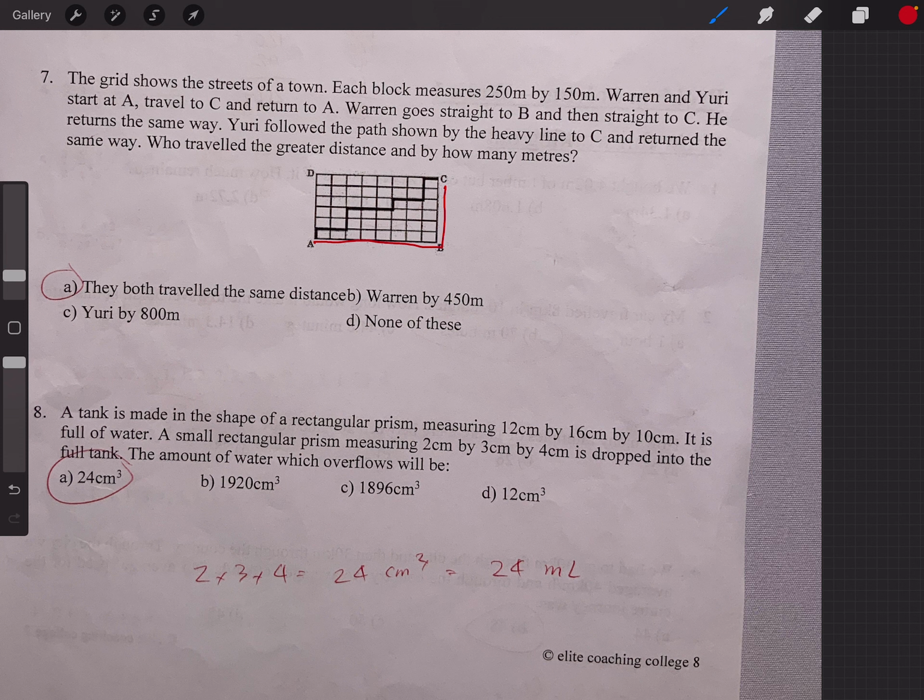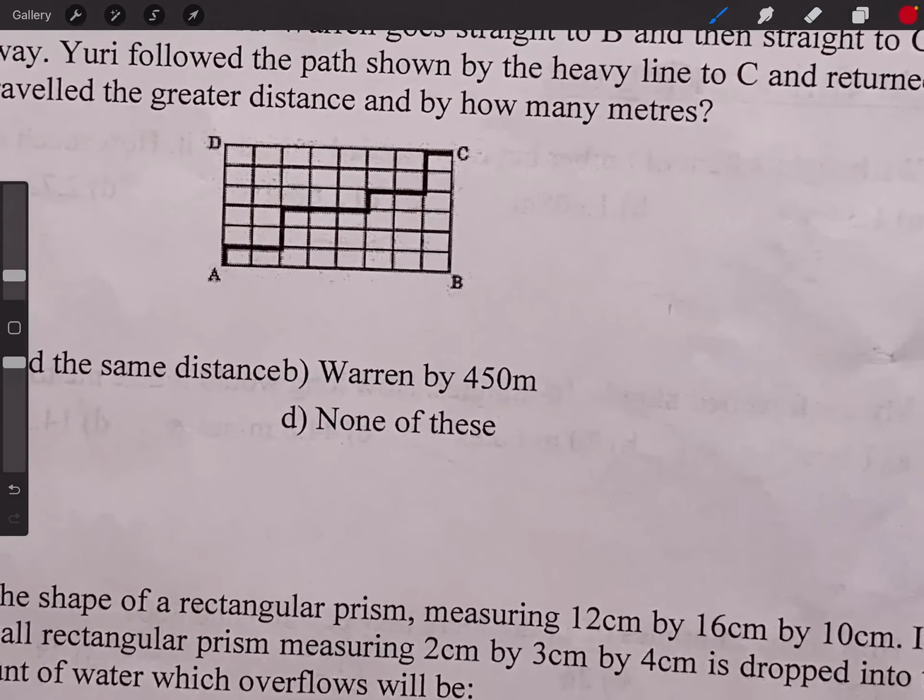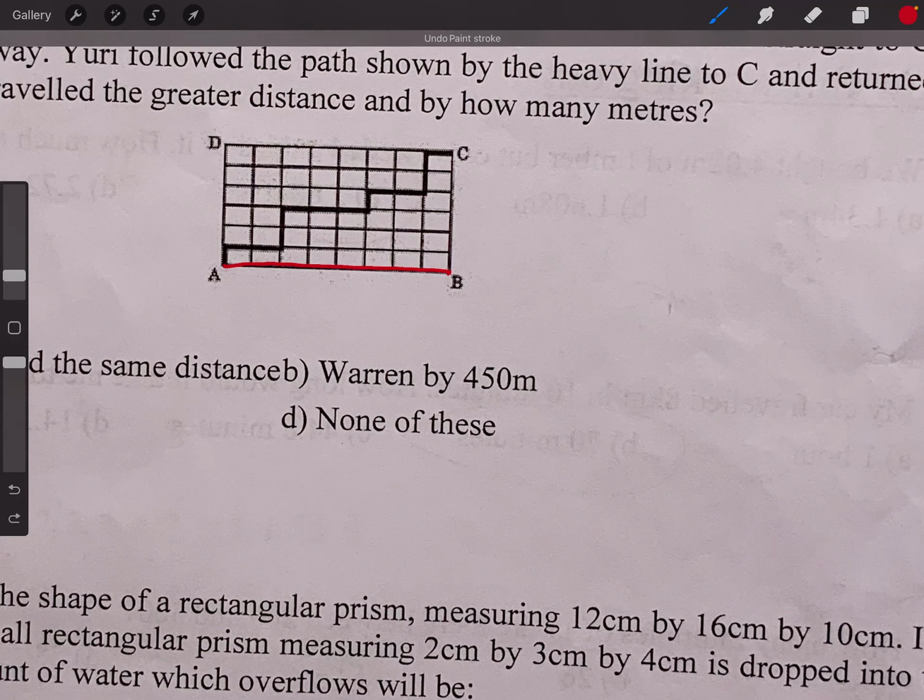Well, if you think about it, right? Warren goes this one. Just zoom in for a little bit. Warren goes all the way here and all the way there. So how many blocks did he travel? He went 1, 2, 3, 4, 5, 6, 7, 8.